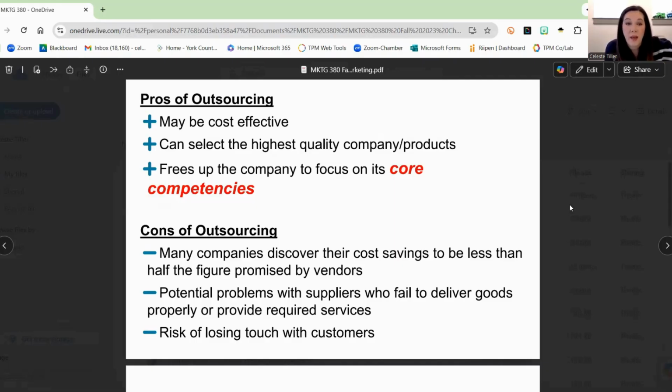Well, the risk in doing that is you have no idea what the quality is. You have no idea if it's correct because you've designed it, but you've sent it off somewhere else to be produced, and then the production company is sending it on to the consumer. So your hands are not touching every single one of those products that you're sending to your end customer. You don't have control over it. And so that could be a con of outsourcing.